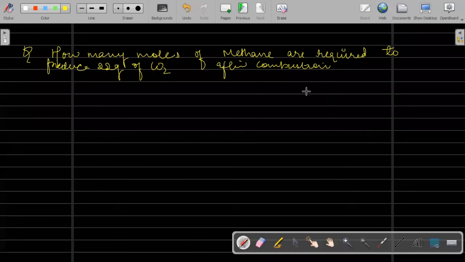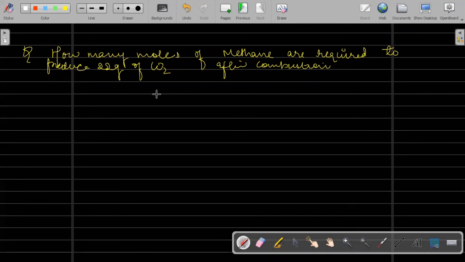Try this question, please. How many moles of methane are required to produce 22 grams of CO2 after combustion? How can you solve this question? What do we do first?